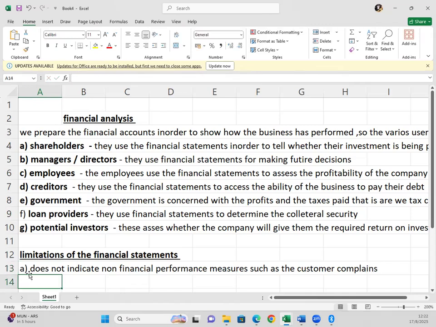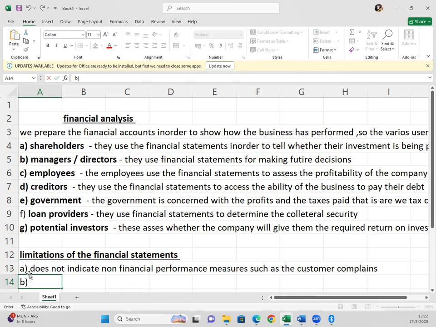It only tells us how we're doing financially, but it does not reflect the non-financial issues.